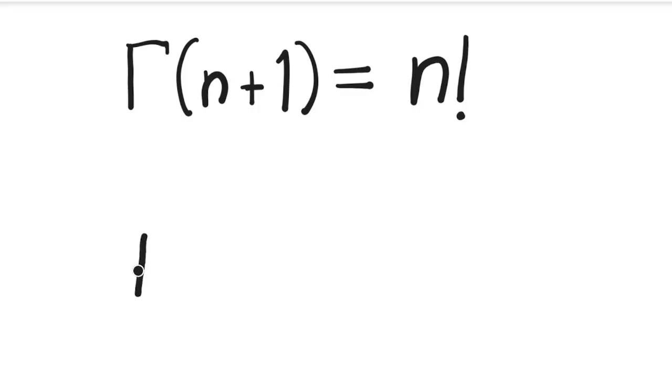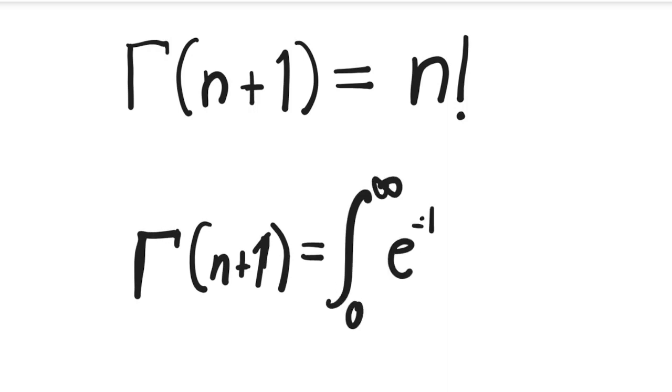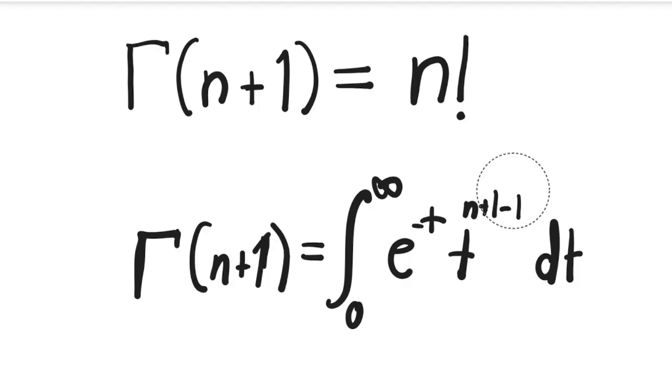So we have gamma of n plus 1 is equal to the integral from 0 to infinity of e to minus t times t to n plus 1 minus 1 dt. And these ones will cancel out with each other, and we will be left with only e to minus t times t to the n.